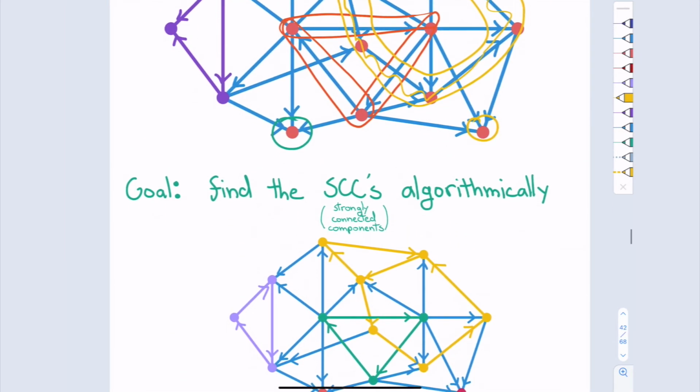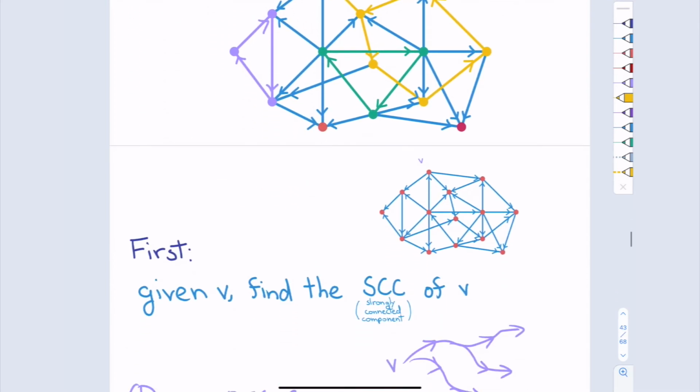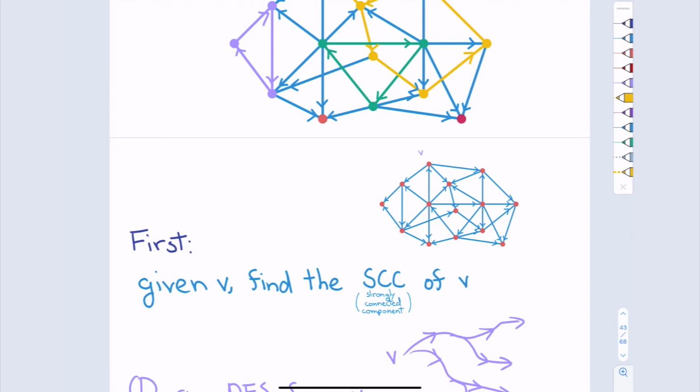Now we want to figure out how to do this task algorithmically. It seems useful to know which vertices are very closely related in this connectivity sense and which ones aren't. The first task, instead of worrying about all the strongly connected components, is to try to do one at a time.